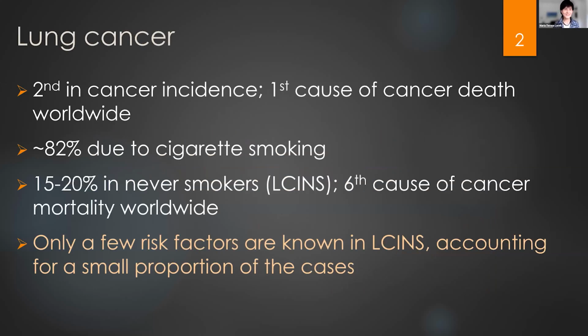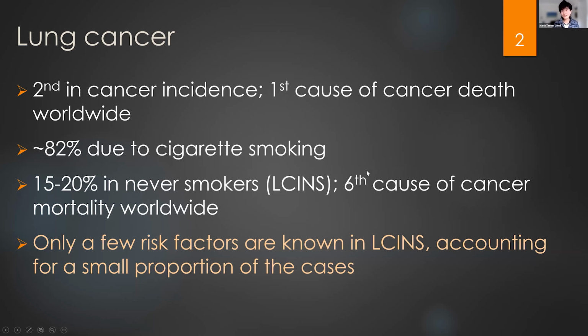So as you know, lung cancer is the second cancer type in cancer incidence and the first cause of cancer death in the world. And approximately 82% of the cancers are attributed to cigarette smoking, but the remaining are part of the never smokers, and never smokers have lung cancer occurring in quite higher frequency in certain populations, like in Asian populations, and it is considered now the sixth cause of cancer death in the world.